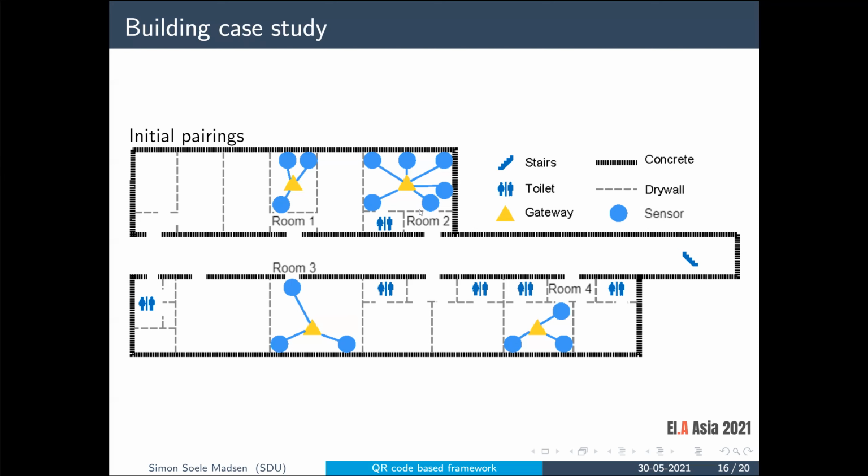We tried to disconnect the gateway in room 2. By removing it, the sensors have to find a new gateway to connect to. And what we see is we almost connected every single sensor back to a gateway in order to not lose any collection of data.